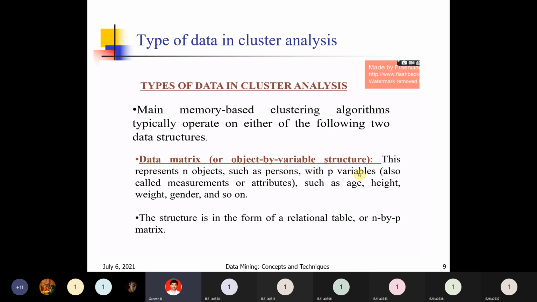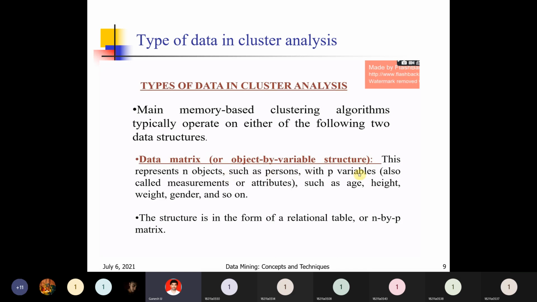This is the object by variable structure. Along the x-axis you represent objects, along the y-axis you represent variables. A variable is nothing but a property; variable means it varies. From the first employee to the second, the name will vary, the gender may vary, the salary varies. So these are all variables.